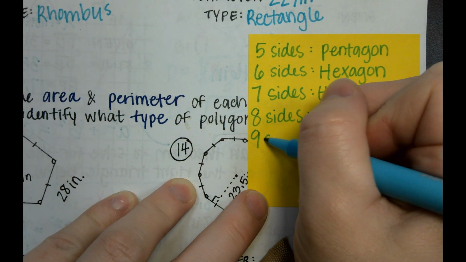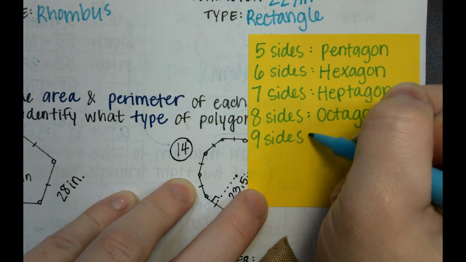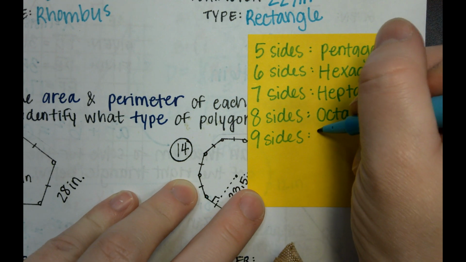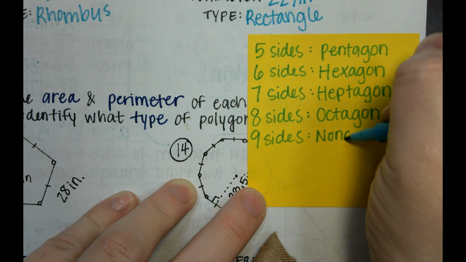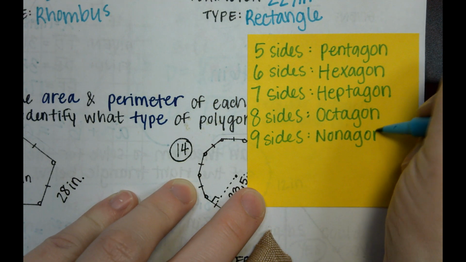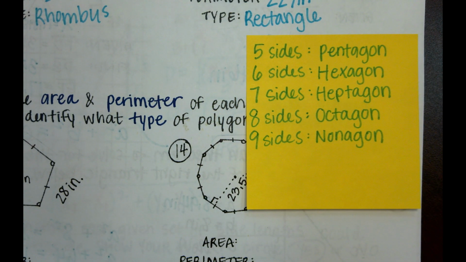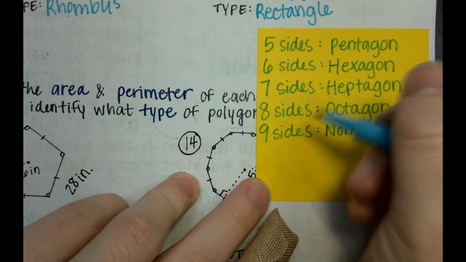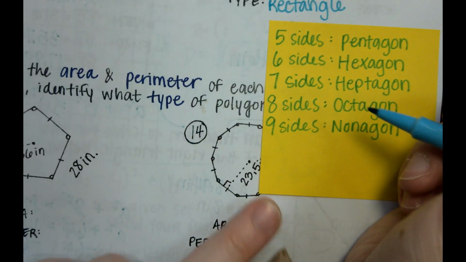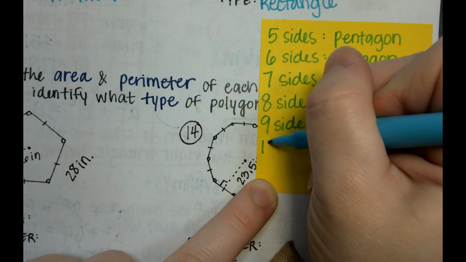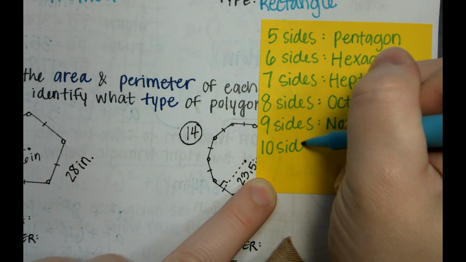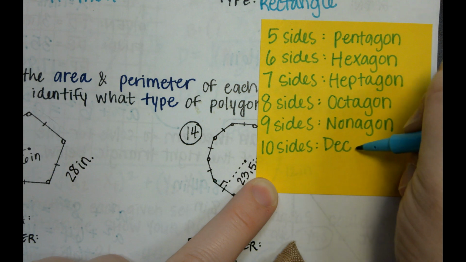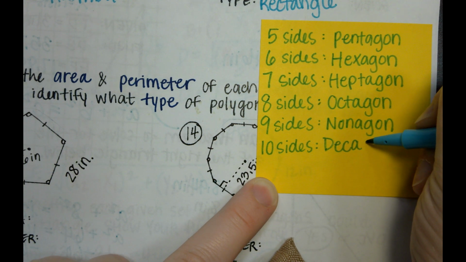Okay, 9 sides. Right. So 9 sides is a nonagon. Ten sides is a decagon, D-E-C-A.